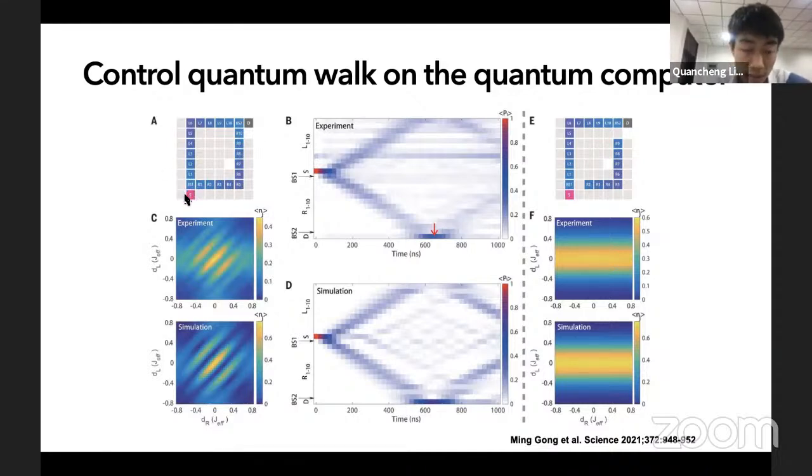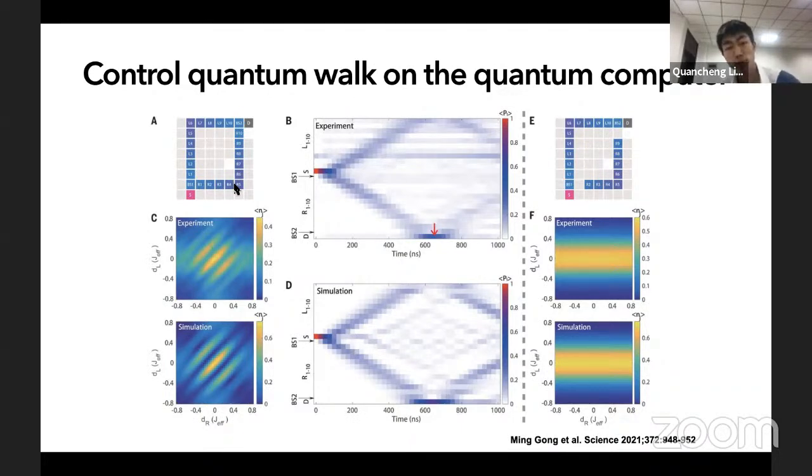So now this is their starting qubit. They start from here, and they first let the quantum worker go to this qubit, and when they reach this qubit, they have two paths now, the left path and the right path.